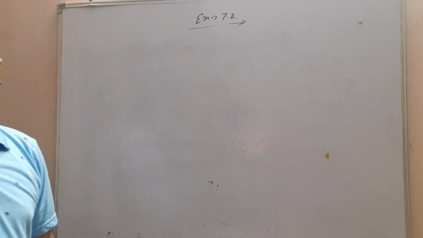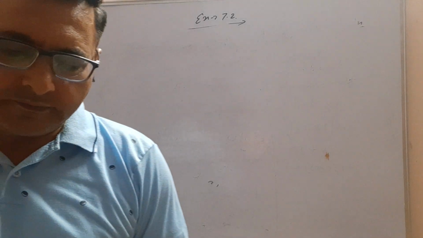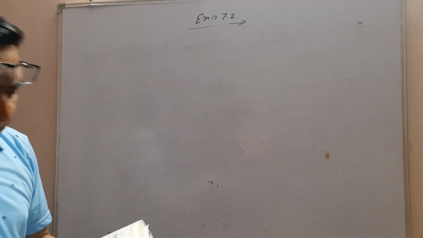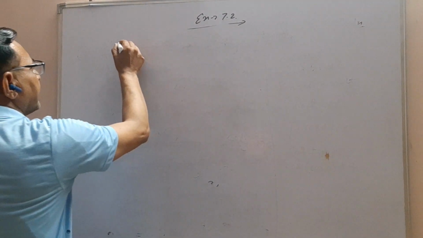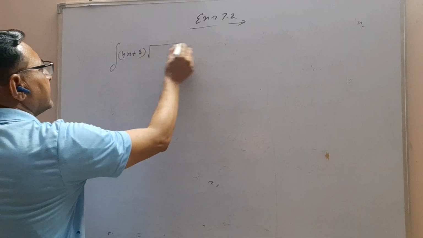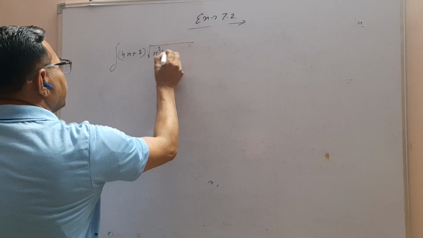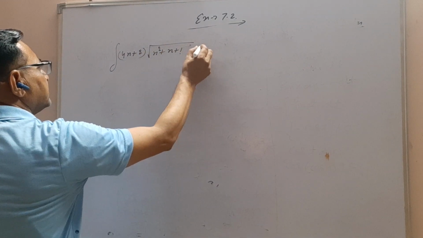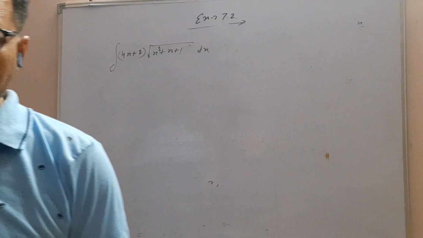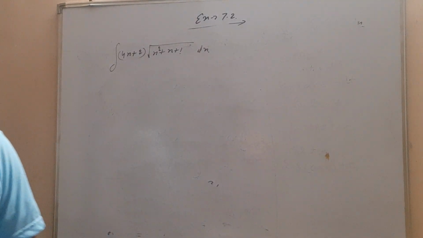Now we are coming to the next question. 4x plus 2, and in the square root there is x square plus x plus 1. If there is this type of statement, first of all you have to check.